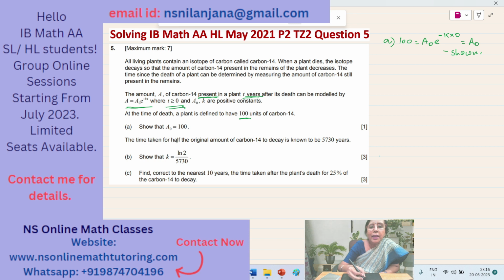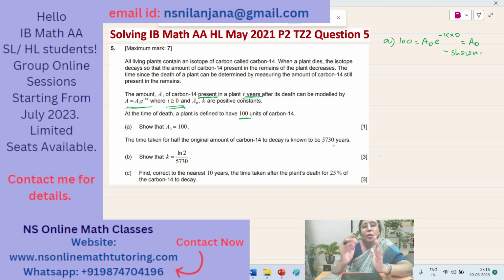The time taken for half the original amount of carbon-14 to decay is known to be 5730 years. So half the amount is decaying. A is the amount present. So if half the amount has decayed, then half of it is remaining.